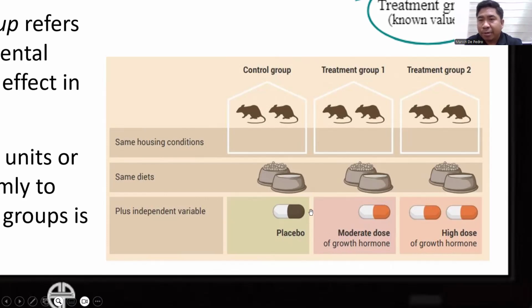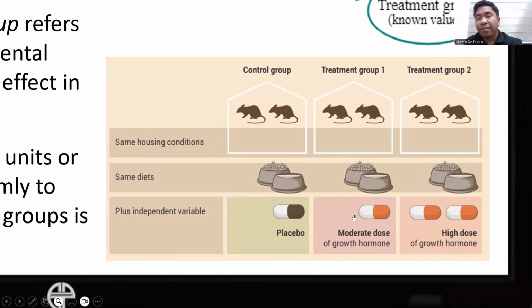So for the two treatment groups, we give them a different medicine, and the first one has moderate only, while the second one has a high dose. So now we compare them with that control group.